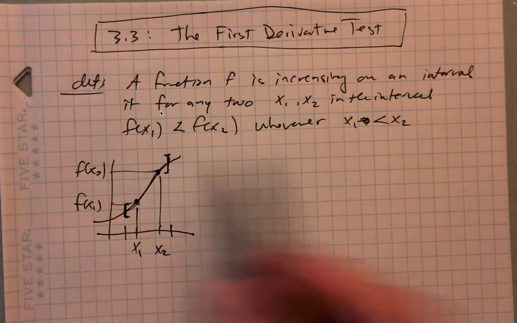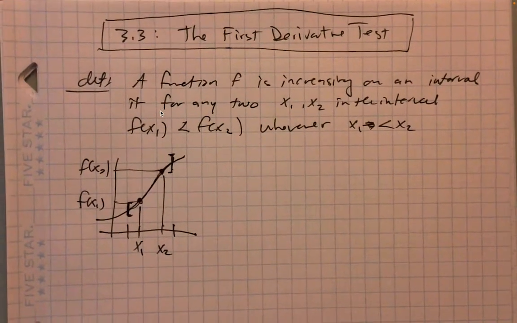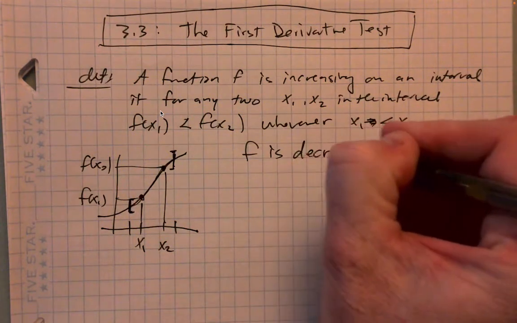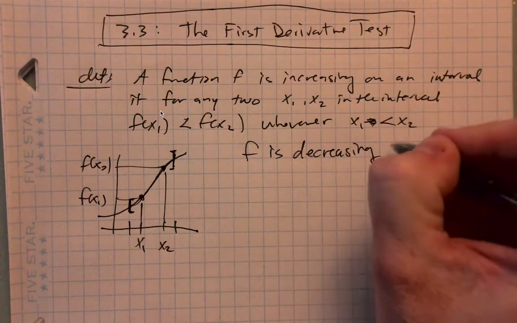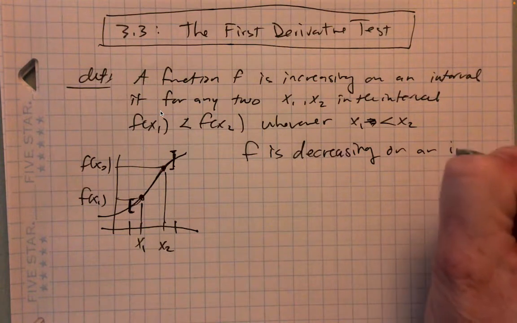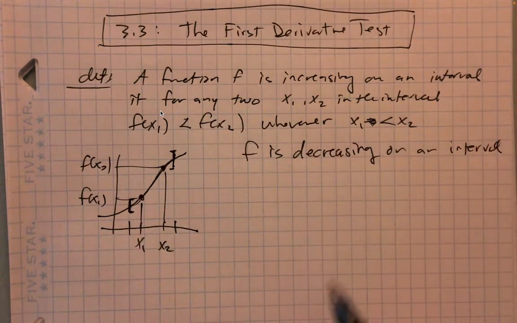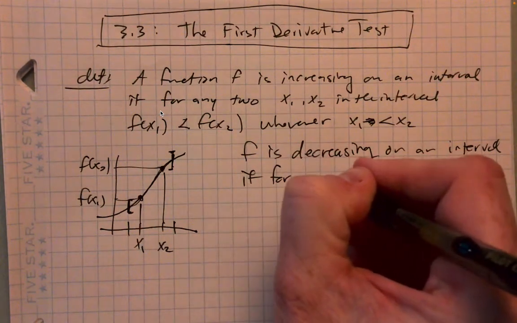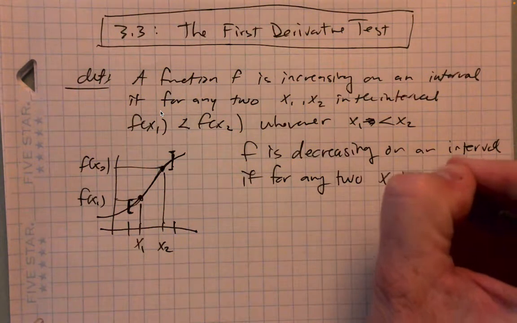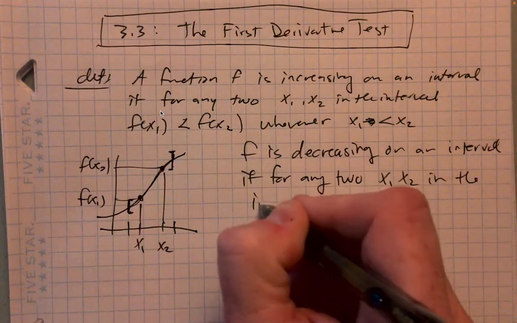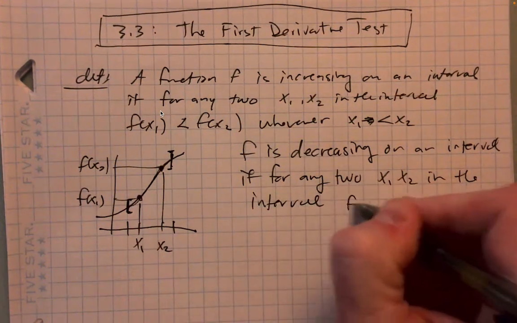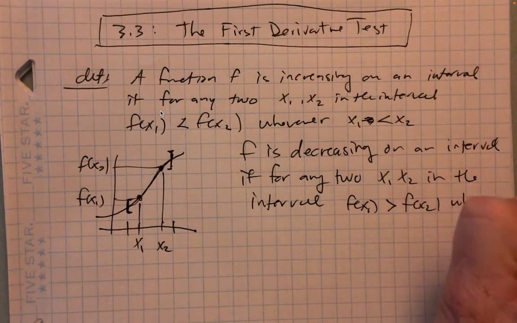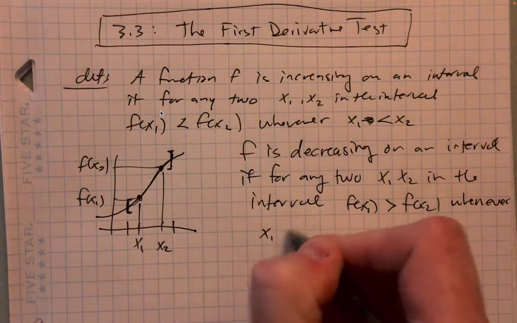So we can just extend this for the decreasing case. We would say f is decreasing on an interval if for any two x1, x2 in the interval, f of x1 is greater than f of x2 whenever x1 is less than x2, right?